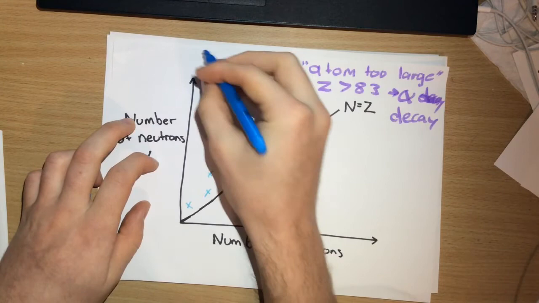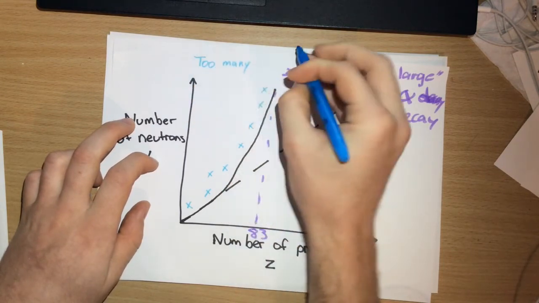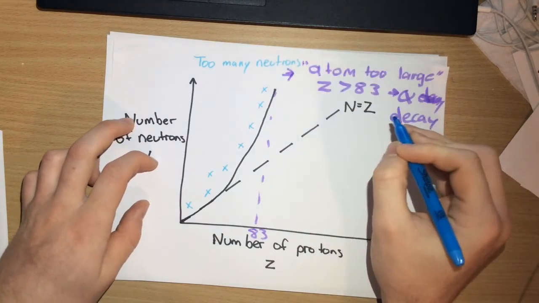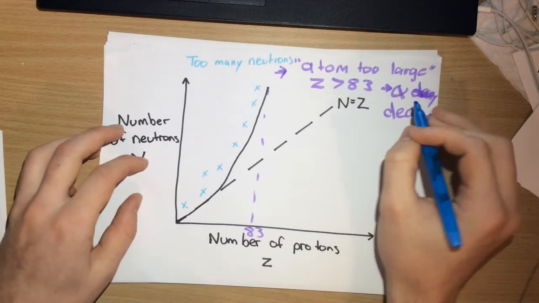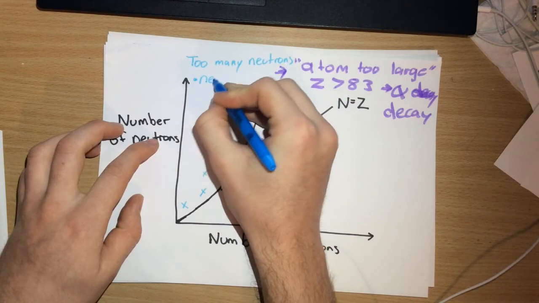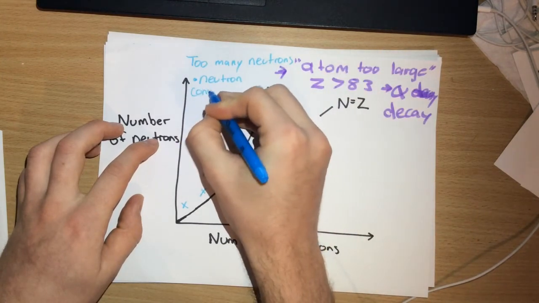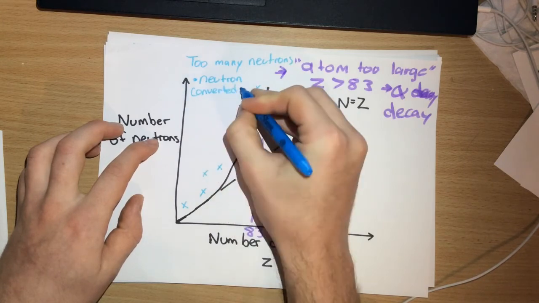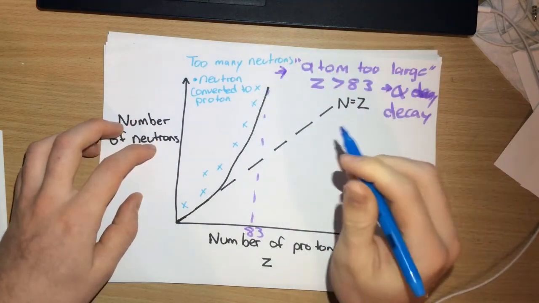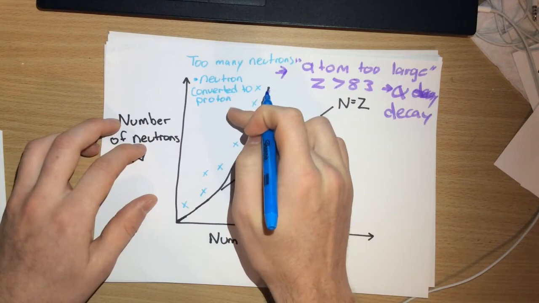So like I just said, we've got too many neutrons in the nucleus. So what happens is a neutron is converted to a proton. That can happen, that's perfectly fine, but we need to conserve charge. If we've created a proton, we've created a positive charge.